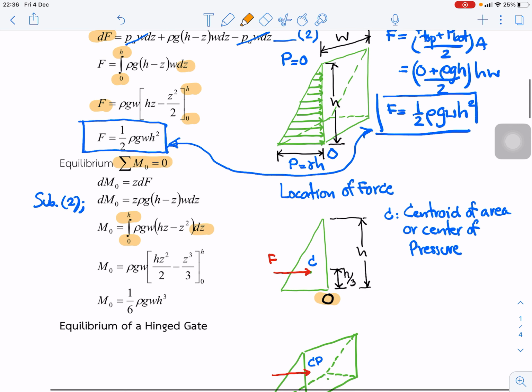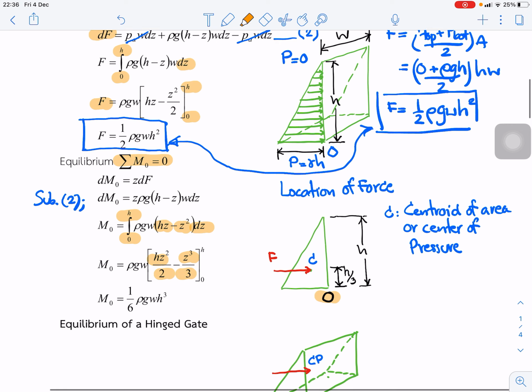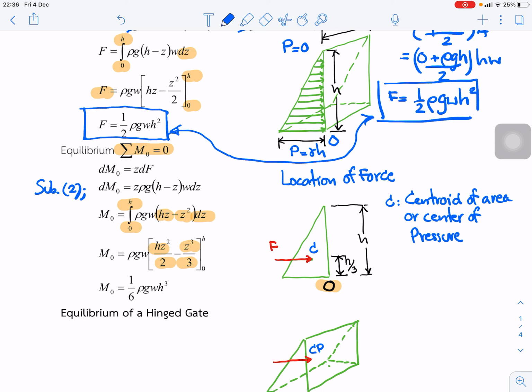The integration of H dz is H square divided by 2, and the integration of z square is z power 3 divided by 3. Finally we get the moment around point O equal to 1/6 rho g W H power 3.